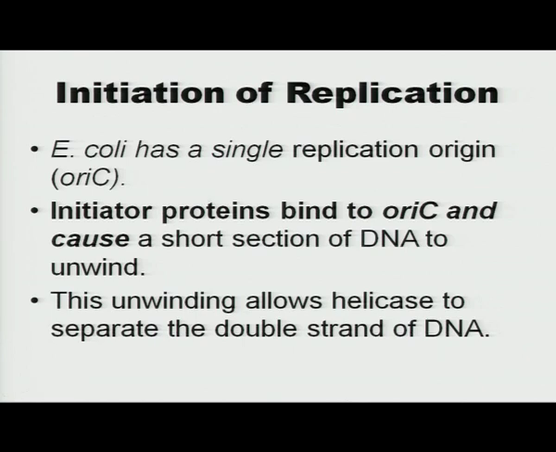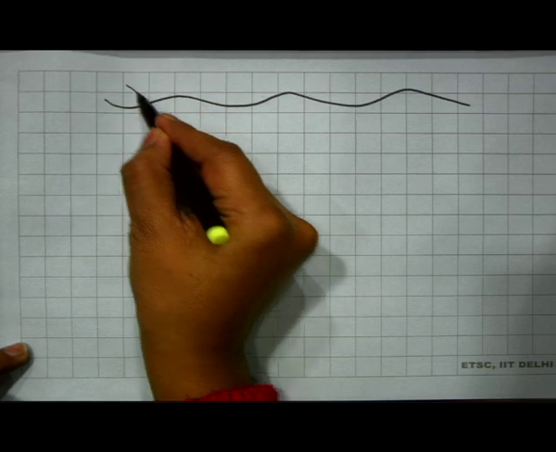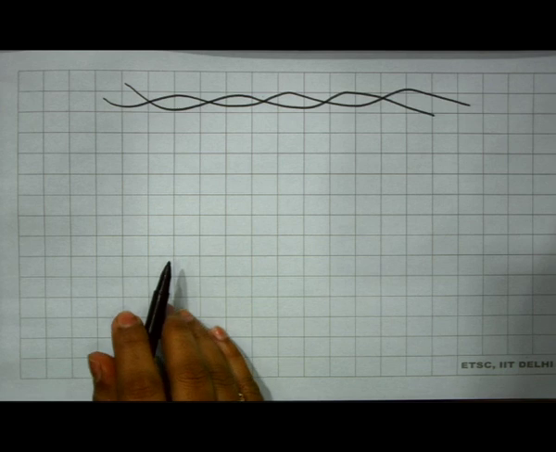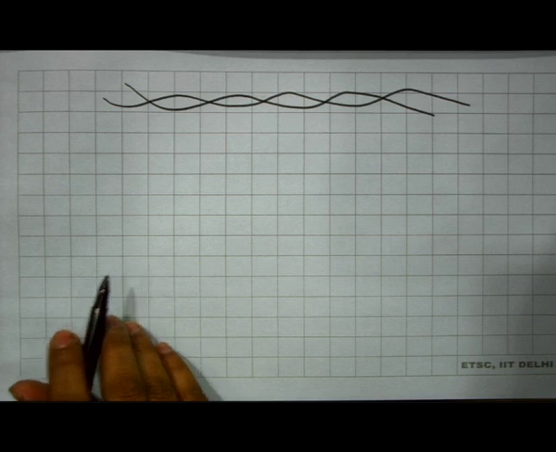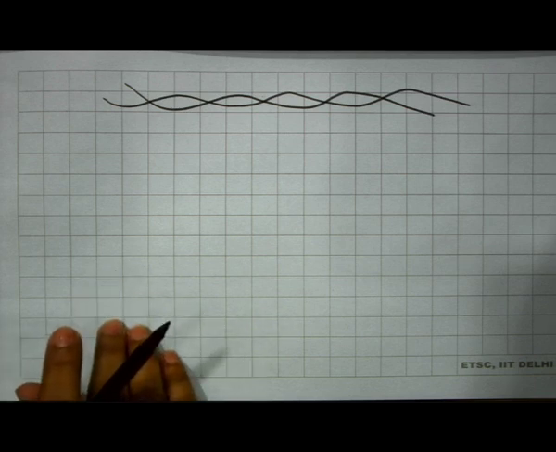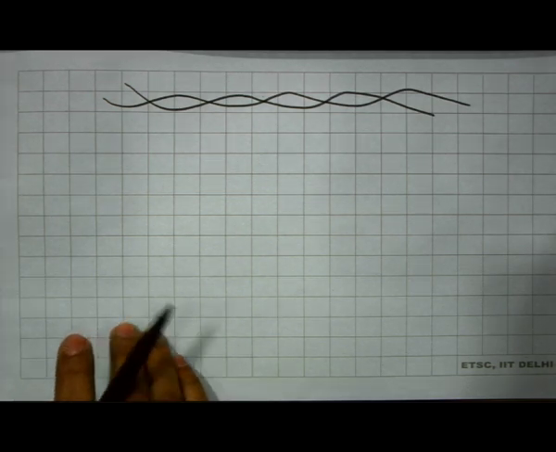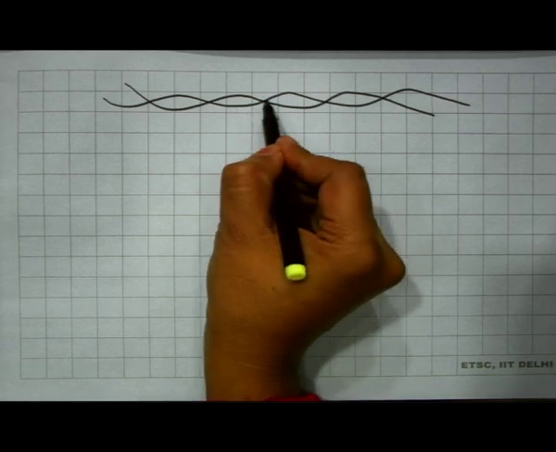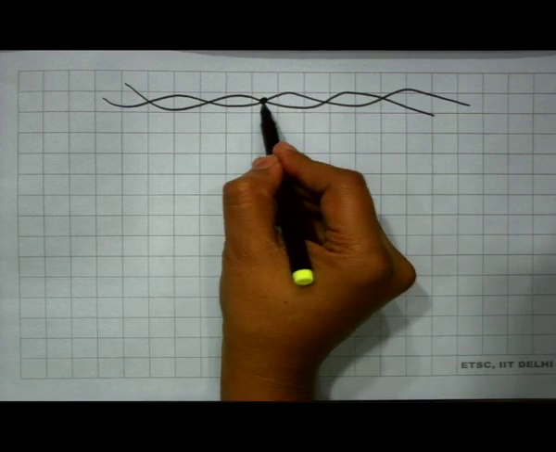In case of bacterial DNA, only one origin is there. This is a major difference between eukaryotic and prokaryotic DNA replication. Origin means from where the replication will begin, and in case of eukaryotes there are many origins, and from almost all origins the DNA can get replicated.